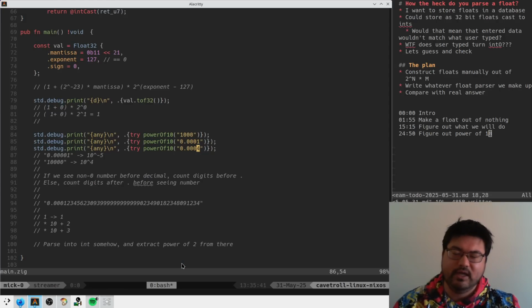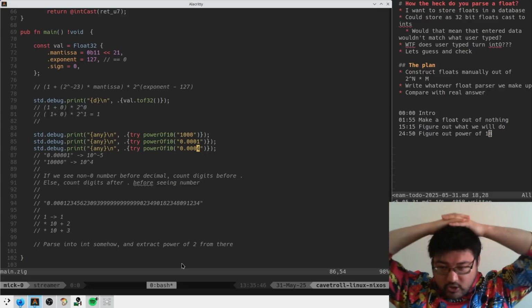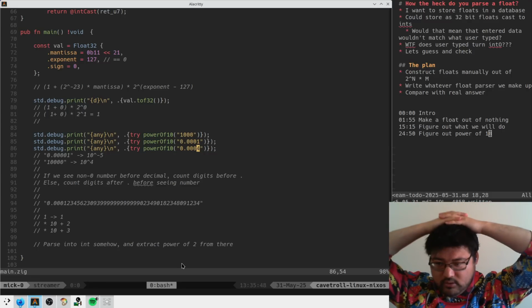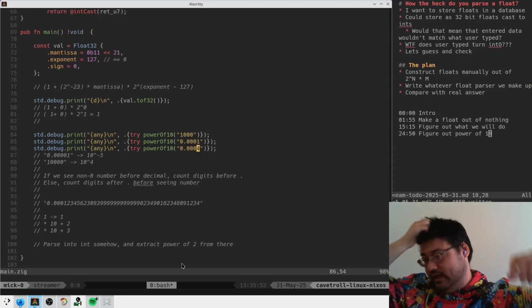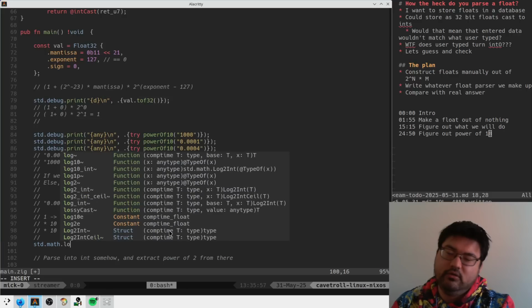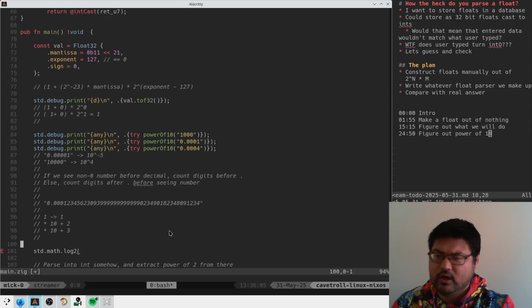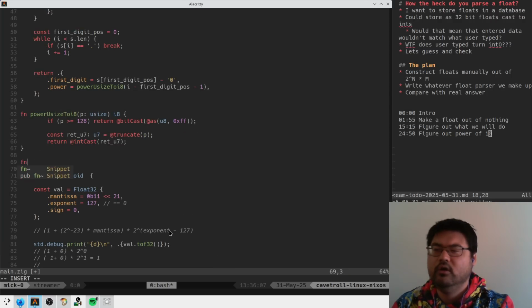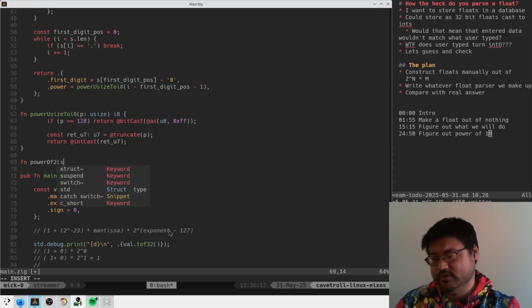Okay, so now we have a way to get an approximate power of 10, right? So we can do something like std math log 2. I guess this is going to be like power of 2 for some string, right?